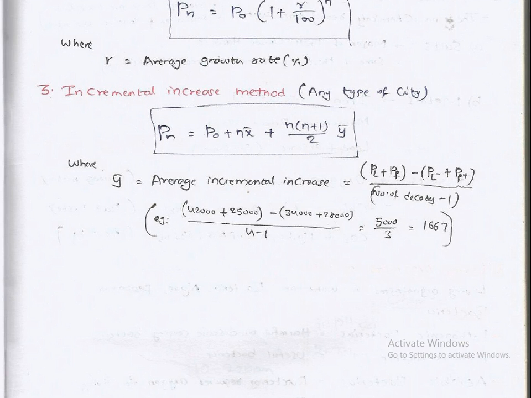Example: (42,000 plus 25,000 minus 34,000 plus 28,000) minus 4, minus 1, is 5,000 upon 3, which is 1,667.